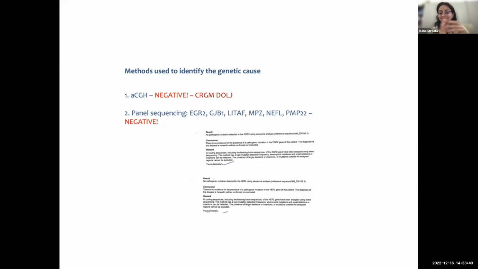After that, the patient was able to continue with the genetic testing abroad, and she performed gene panel sequencing of the most frequent genes that are involved in Charcot-Marie-Tooth. Also, this one was negative.